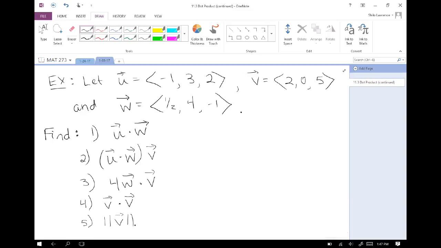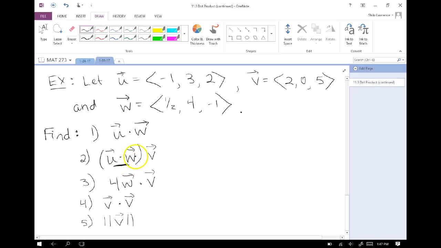Now some of them are going to come out to be scalars and some of them are going to come out to be vectors. Actually, just one of them will come out to be a vector. Which one of those answers is going to be a vector? Any idea? 5 is just magnitude, so it's going to be a scalar. Number 2 is going to be a vector because when we do u dot w, we're going to get a scalar.